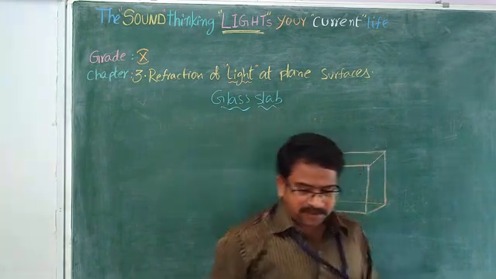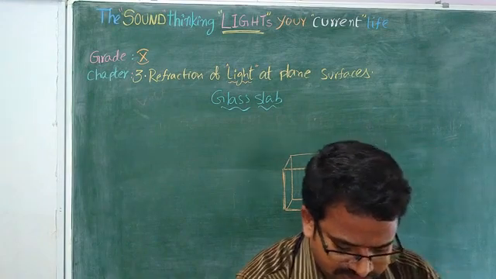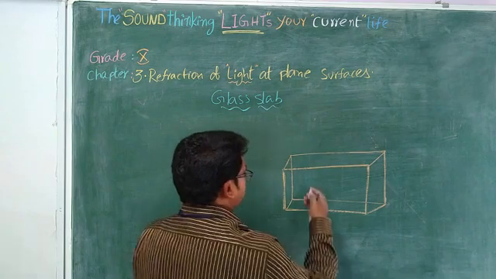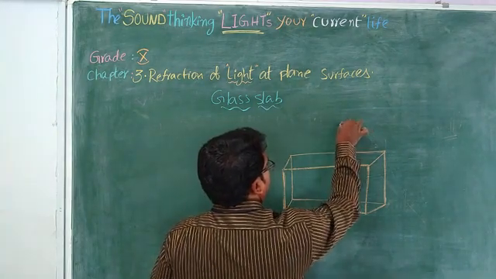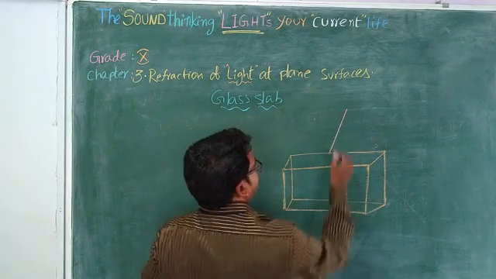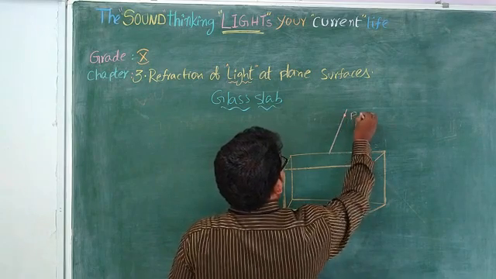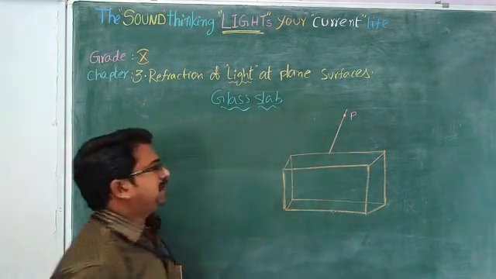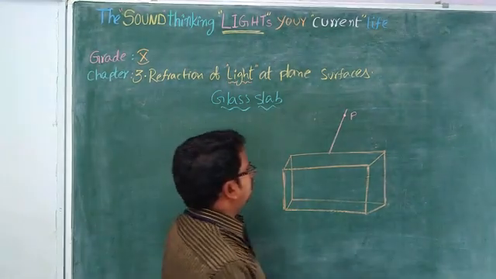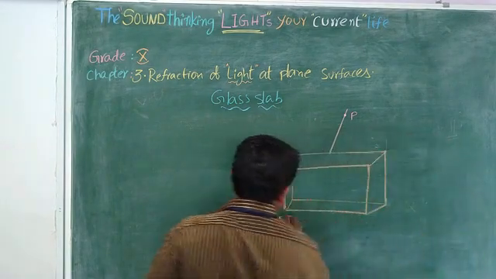Now take for example one rod like this, you will take the base. This one line is the incident ray. On this incident ray, just keep one pin, that is P. Now, from this side, you have to observe.